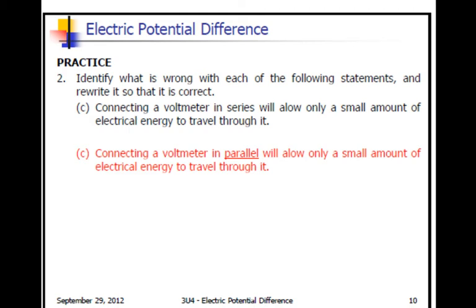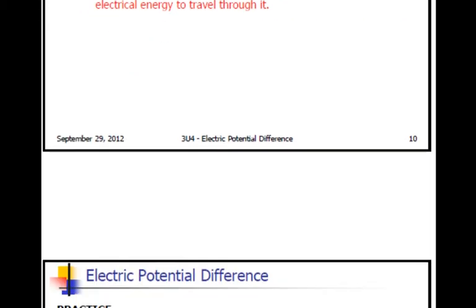Well, if we connect the voltmeter in series, it will probably prevent the circuit from even flowing because of the high resistance. Connecting a voltmeter in parallel prevents a lot of electrical energy going through it, so that it's only measuring a voltage drop rather than contributing to the complexity of the circuit.